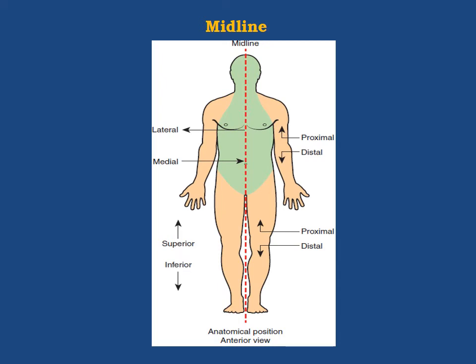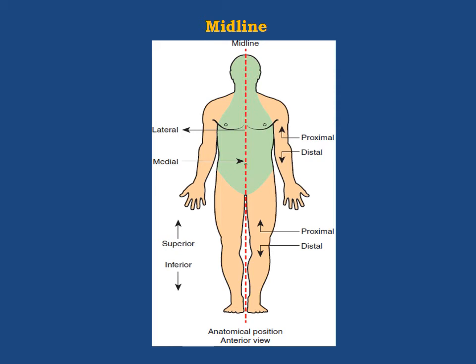All right? The other plane, look at the middle of the person. There is something cutting the person into two parts, one top and the other bottom. See? It is different now. We call this plane transverse.